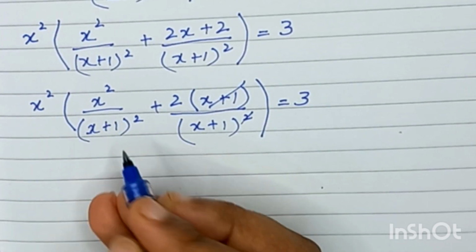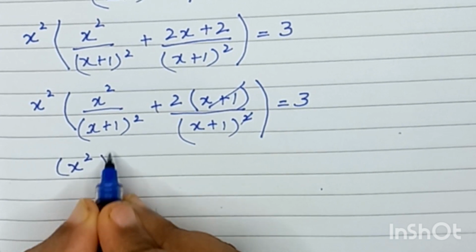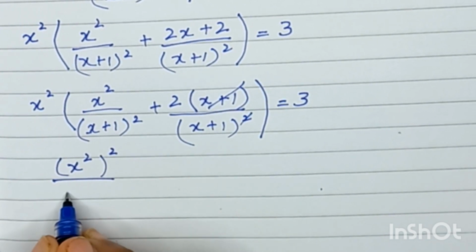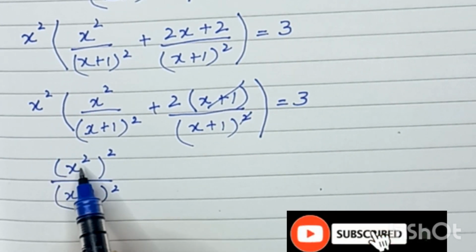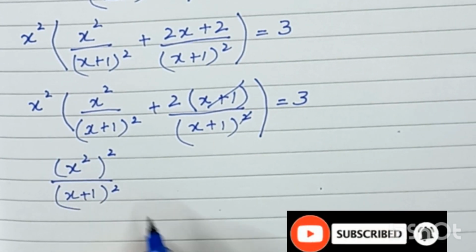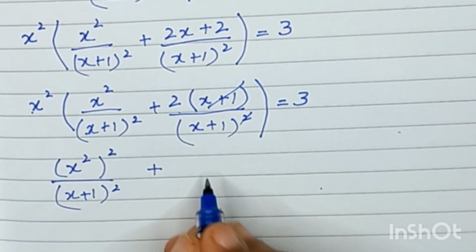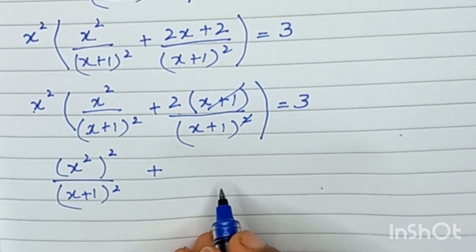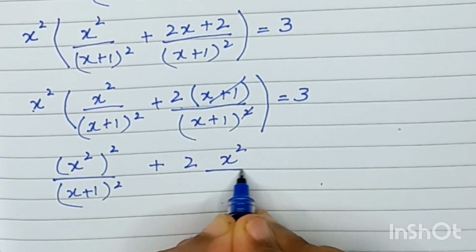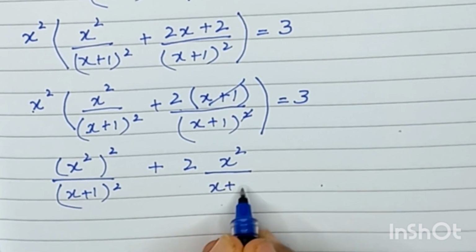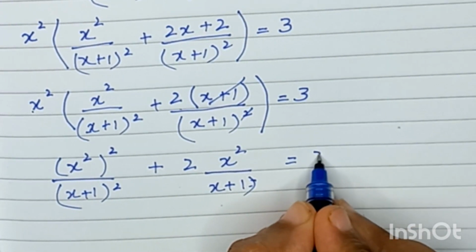We can write x raised to the power 4 as x raised to the power 2 and its square, divided by (x plus 1) whole square. x raised to the power 4 is the same as x raised to the power 2 and its whole square. So it will become 2 and x square will become 2x square, 2x square divided by x plus 1, which is equal to 3.